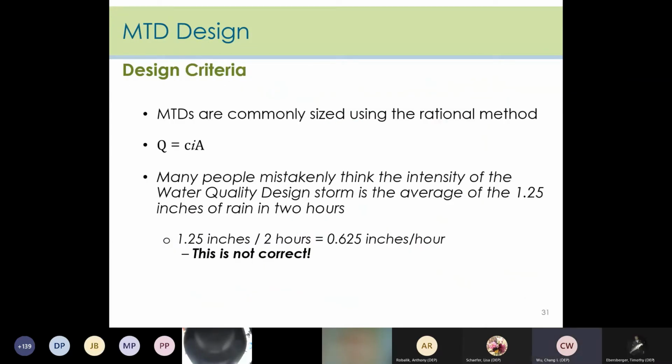And here is the rational method, which is sometimes used for sizing MTD. We mentioned that you should not use the average 0.2625 inch per hour to size. It's wrong.